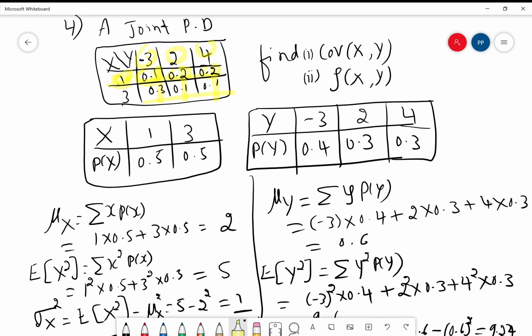So each term consists of three constants: x value, y value, and corresponding probability. In the same way, next, plus this into this into this, plus this into this into this, plus this into this into this.